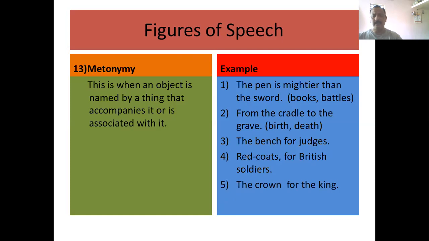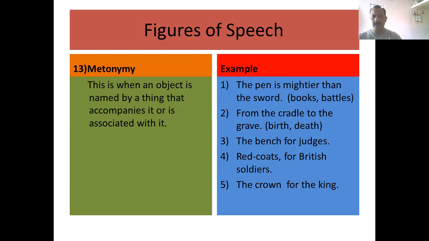Then the last example of metonymy is the crown for the king. Here, crown is associated with the king. The king always wears a crown on his head. So here crown is used for the king. Instead of saying king, crown is shown there. At that time, the figure of speech metonymy is used there.